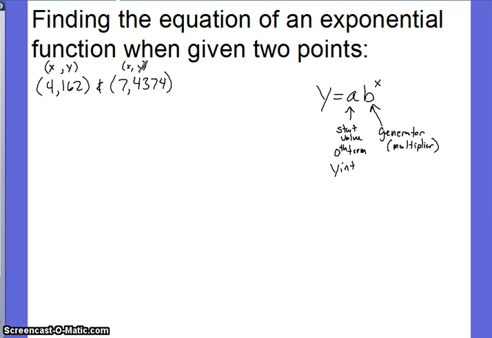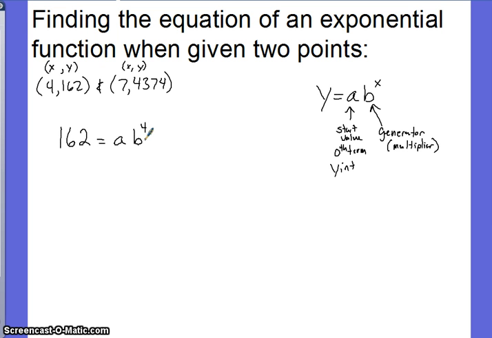So from that, we can create a system of equations. When we plug in both of these values for x and y into this generalized equation, I'm going to plug in 162 is equal to a times b to the 4th.